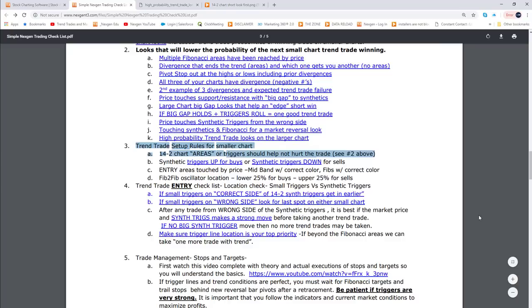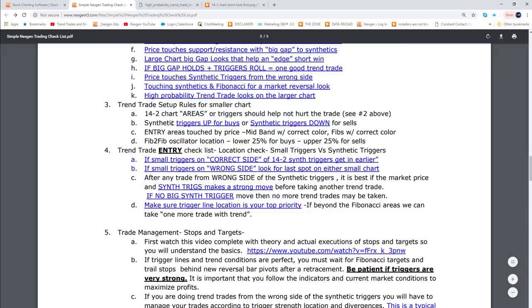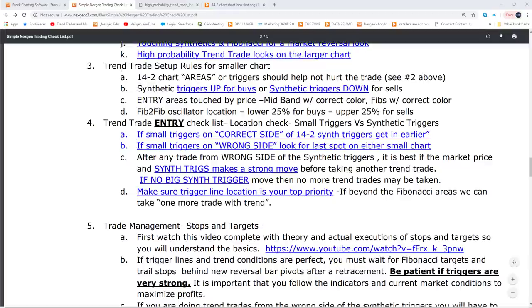We need to have our synthetic triggers crossed up for buys or synthetic triggers crossed down for sells. And this is just the simple portion of our trend trade rules. 14-2 chart helps. Synthetic triggers crossed with us, like we just talked about.